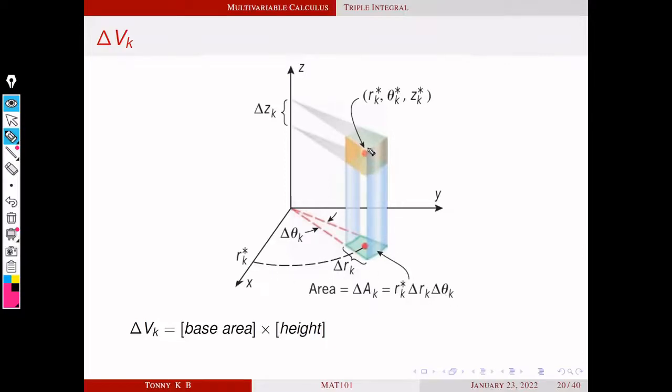The height is delta zk, that is the change in z. So delta vk equals delta ak into delta zk. And what is delta ak? That is rk star delta rk delta theta k. So delta vk equals rk star delta rk delta theta k delta zk. We can approximate delta vk using this formula.